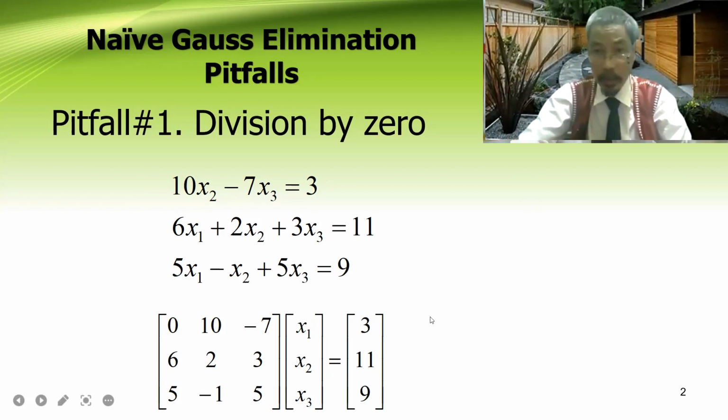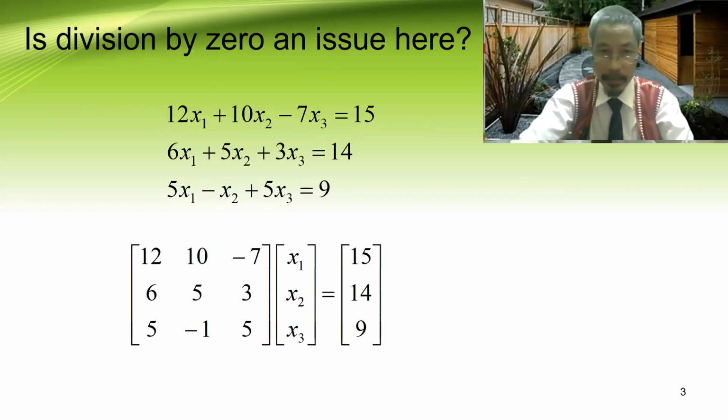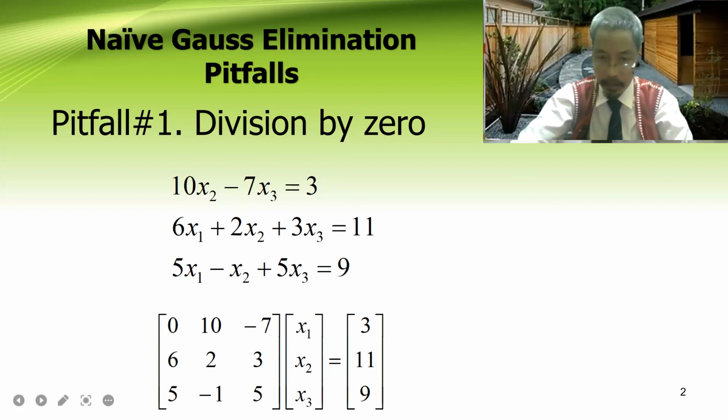Equivalent. And in fact, on the previous video, we used the shorthand method of having this matrix format transformed into an extended matrix. Okay, so is division by zero an issue here? This is another problem here, because as you can see, we will be using 1.